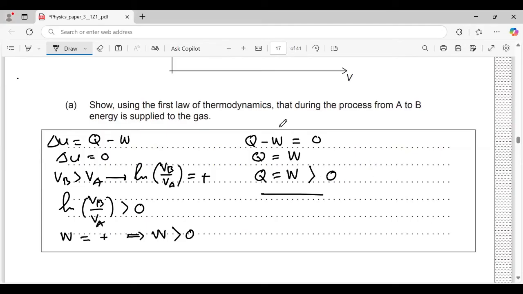So we can state that Q equals W, greater than zero.